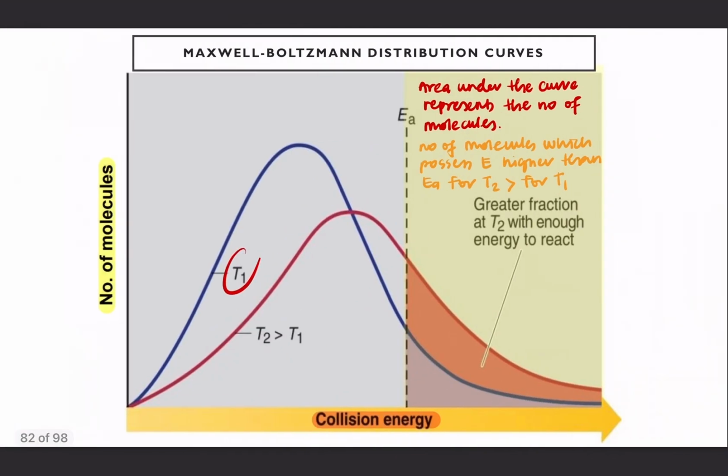So this is our Maxwell-Boltzmann distribution curve. On your y-axis you have the number of molecules, and on your x-axis you have your collision energy.